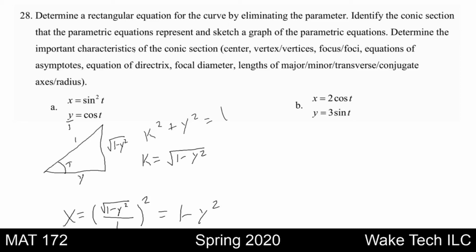The next part is to determine the types of properties that we have to identify. So a parabola has a vertex, a focus, and a directrix.